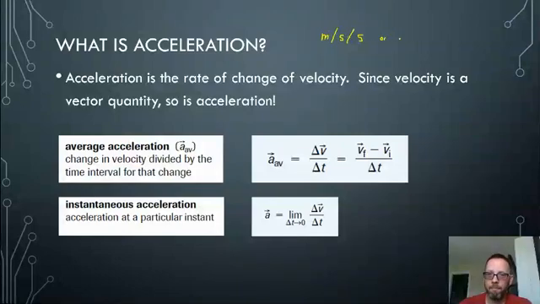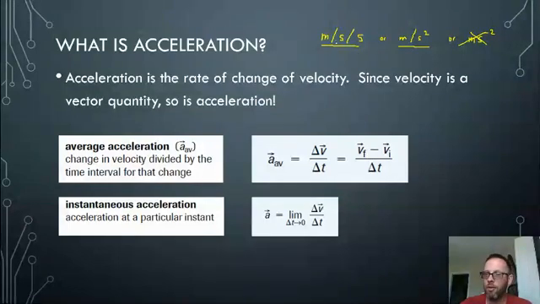Another way to write that is meters per second squared. Possibly you might also see meters seconds to the power of -2, which is not so commonly used. I think most of us will be using meters per second squared.